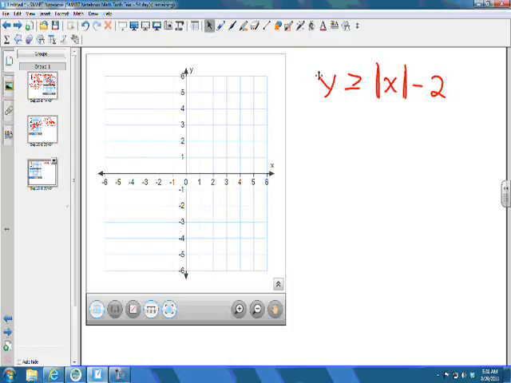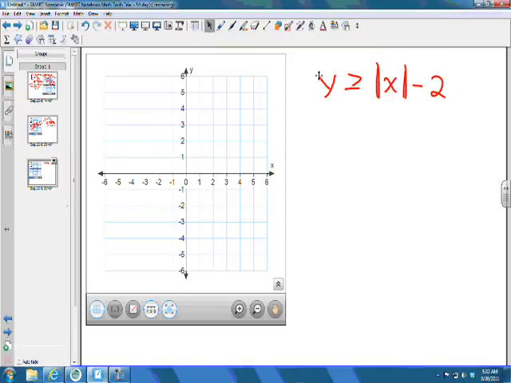Again, I'll show you how to type that in your calculator since it's got the absolute value in it. Still hit your y equals, just like you're going to put a regular equation in there. So to put your absolute value, you hit second and 0. That's your catalog key, and it lists all those kind of functions.